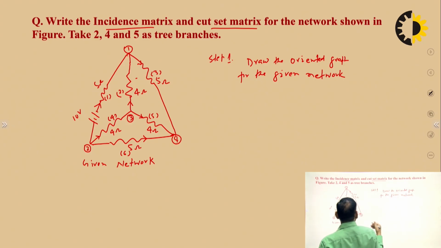First we'll go for the incidence matrix. For the incidence matrix, we must have an oriented graph for the given network. So first draw the oriented graph.